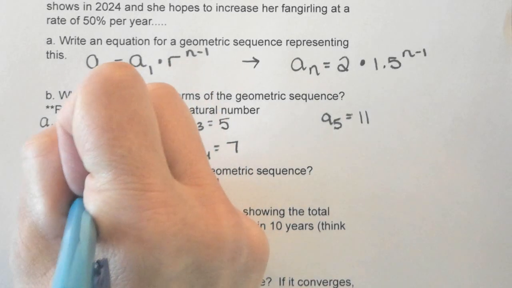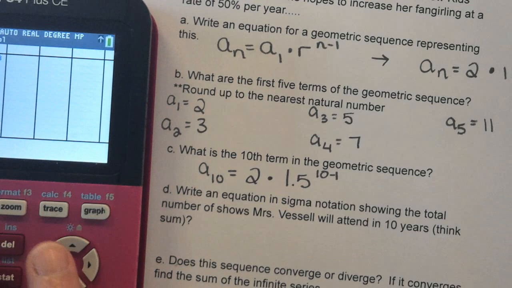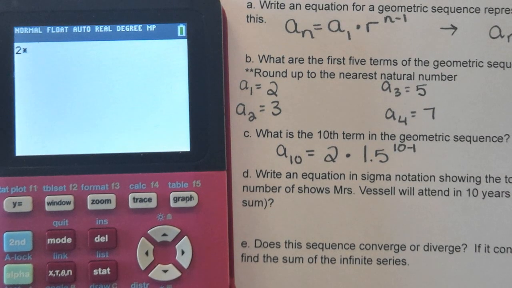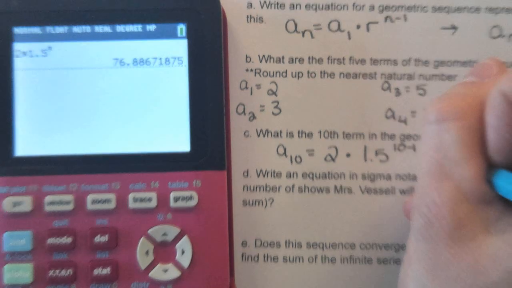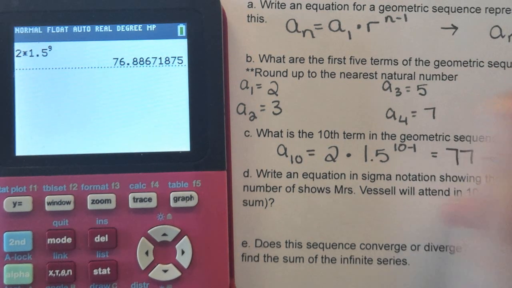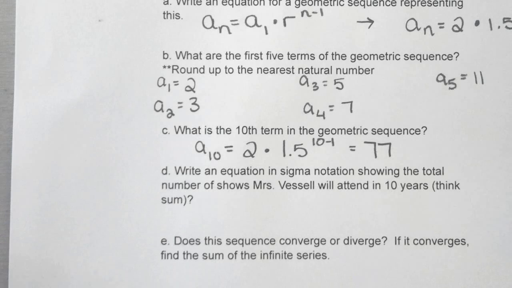So this is going to give me my a sub 10, my 10th term. And so on my calculator, again, if I didn't have the equation typed in, 2 times 1.5 to the 9th power. So that gives me 76.88, and remember we're rounding up. So I'm going to have 77 shows. That might be expensive.